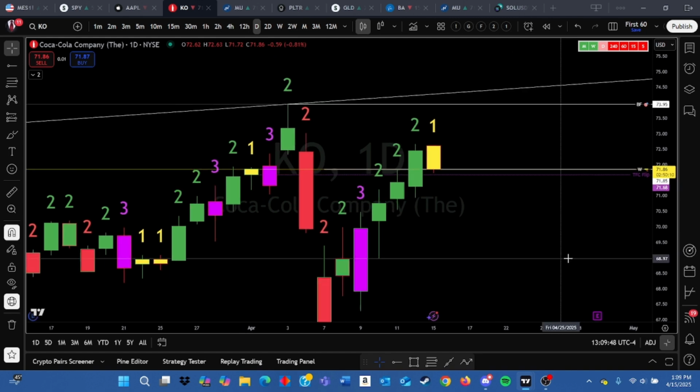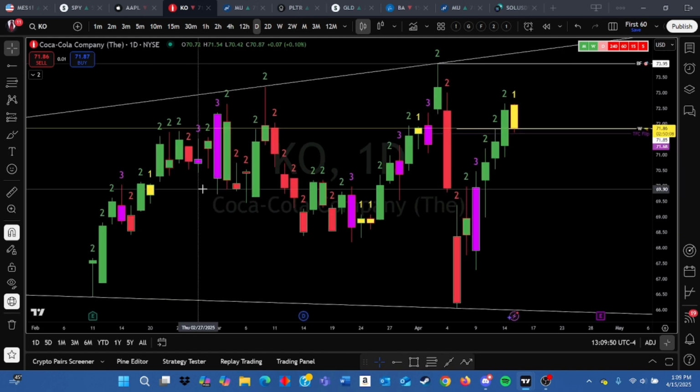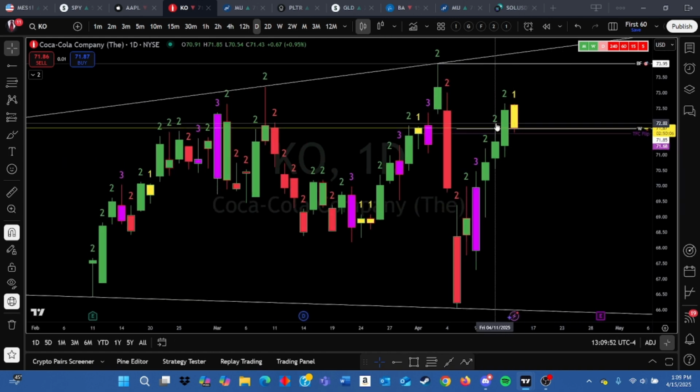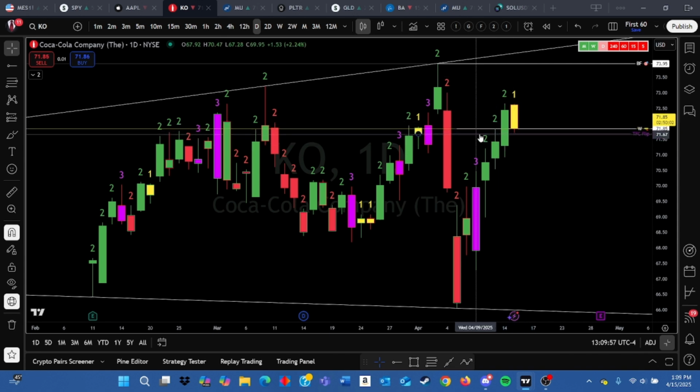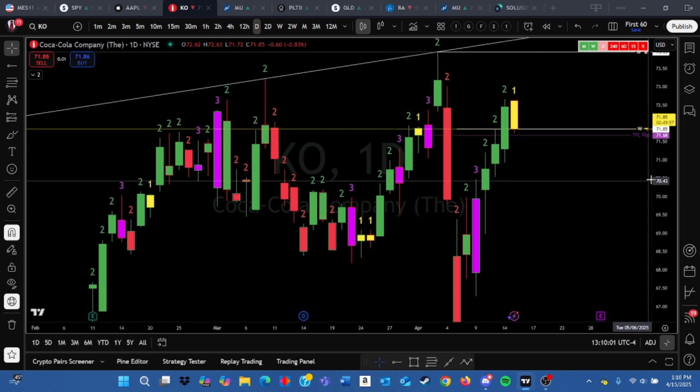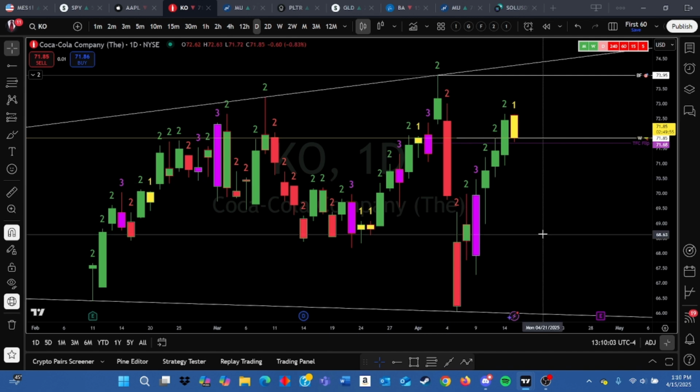And so the way that we actually play this, again, we've identified the broadening formation. We've identified that we have full time frame continuity to the upside when we're above this level here and also above our weekly trigger. We then look at the actionable signals.